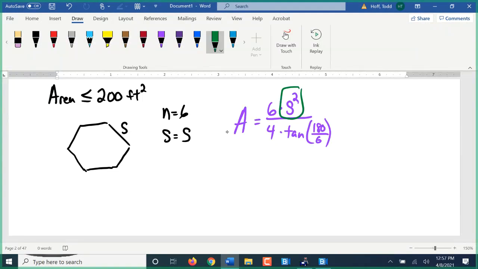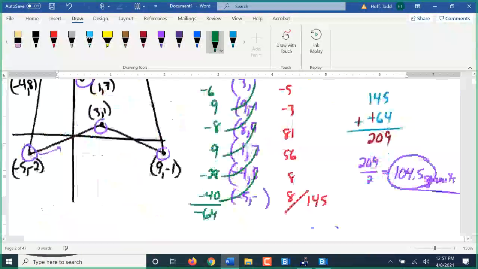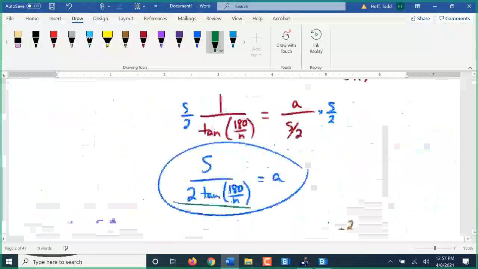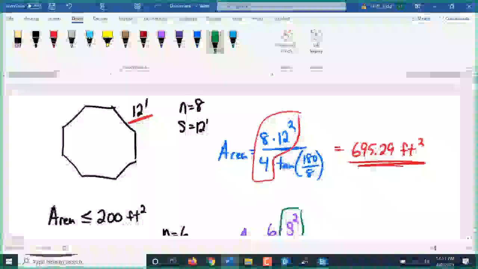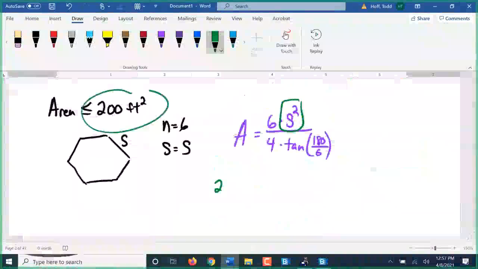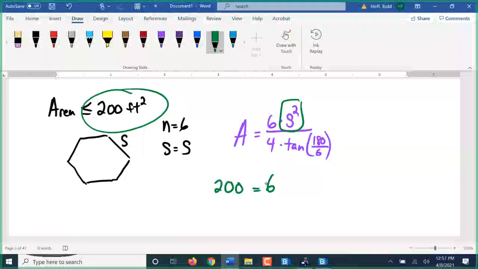Our area is going to be 200 square feet. We're going to put that in from our limitation of 200 square feet. So 200 equals 6 times s squared over 4 times the tangent of 180 over 6.